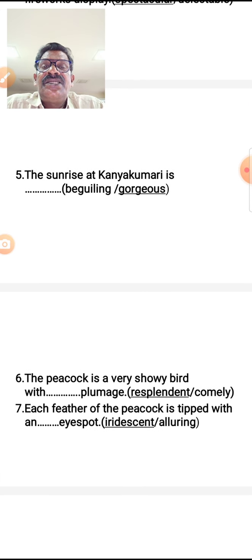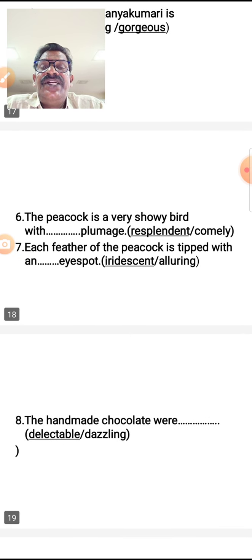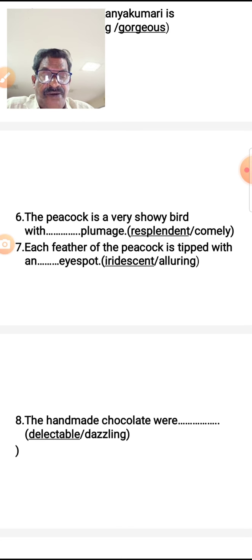And now let us come to the fifth sentence. The sunrise at Kanyakumari is gorgeous. Now let us come to the sixth sentence. The peacock is a very showy bird with resplendent plumage. Resplendent should be there.